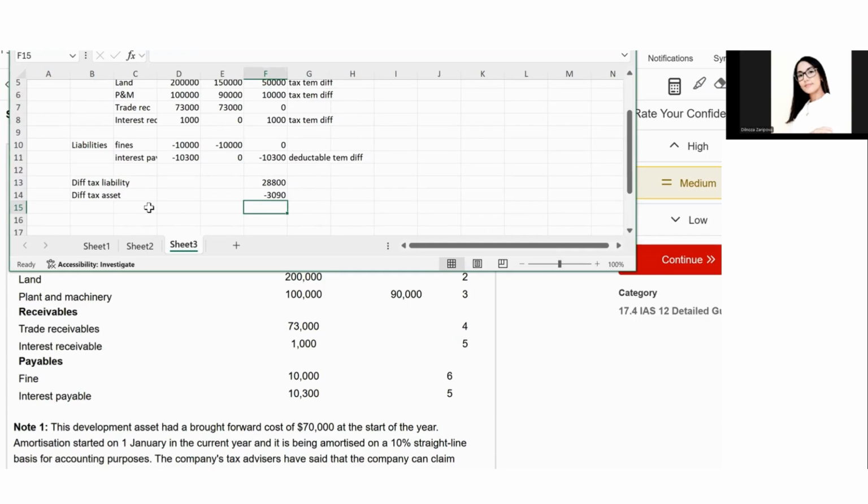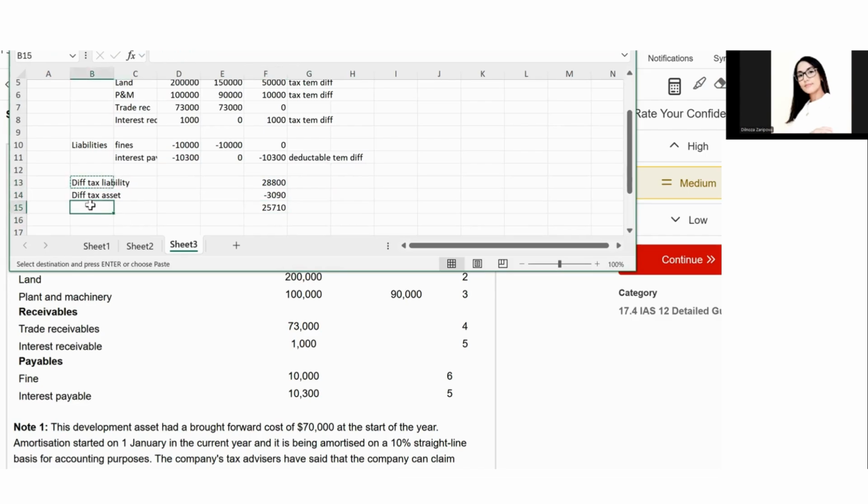So as you calculate net, you see that we have a deferred tax liability. No, plus, we should add. Net, we have deferred tax liability.